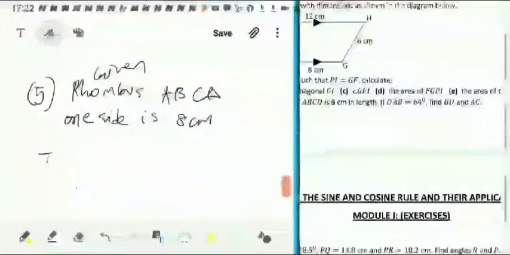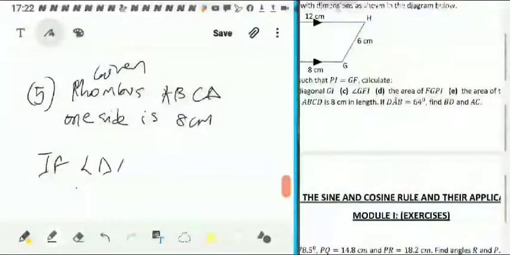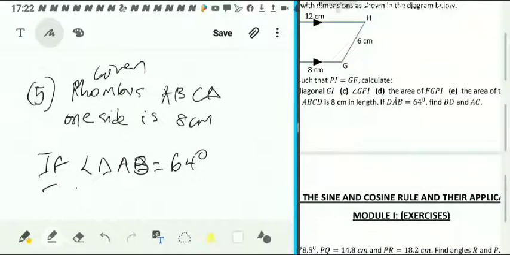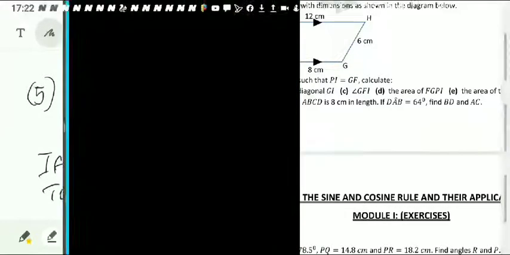If angle DAB is 64 degree, find BD and AC. Okay, let's push this into our sketch pad.